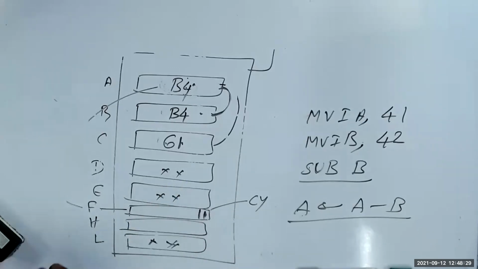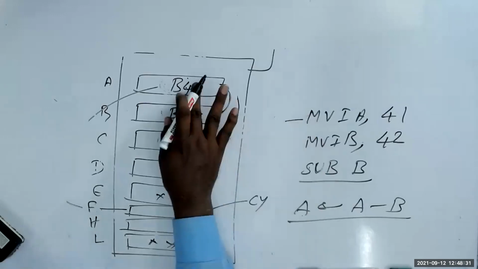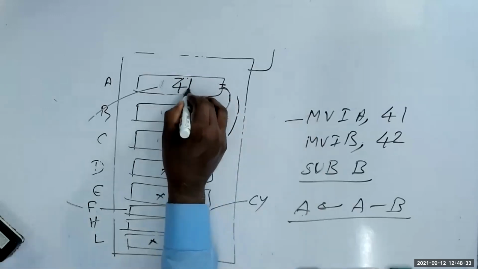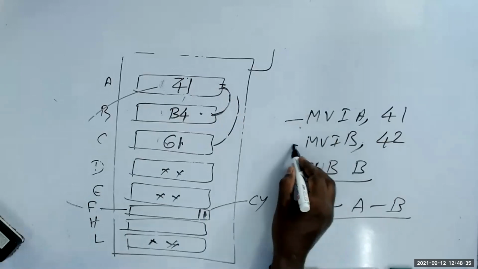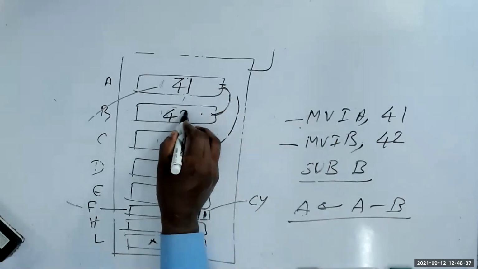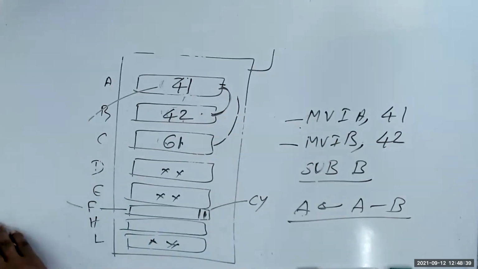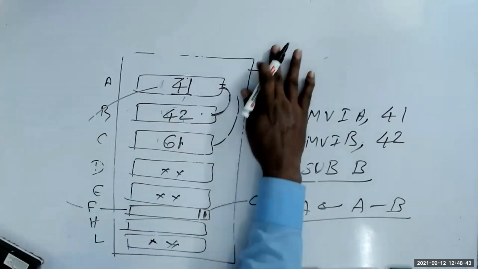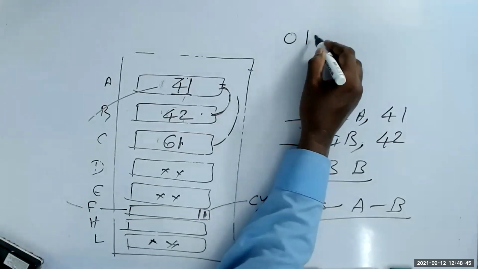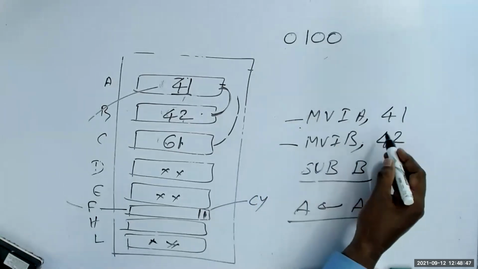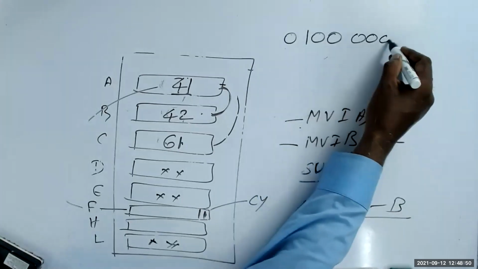See here, the first instruction, I put here 41. Next instruction, I put here 42. Now 41 means, let me write it here, 0, 1, 0, 0, 0, 0, 0, 1.